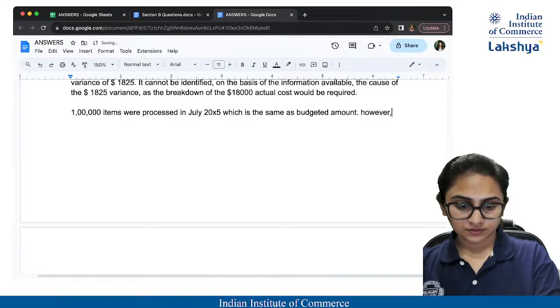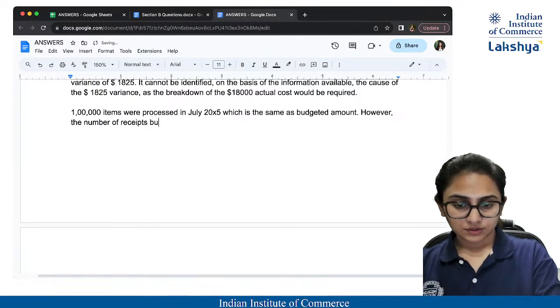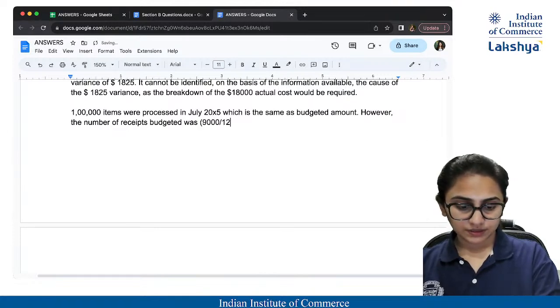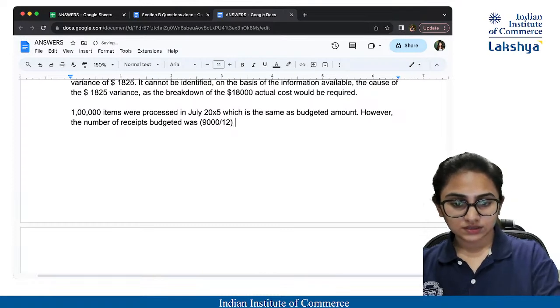However, the number of receipts budgeted was 9,000 divided by 12, which is 750.